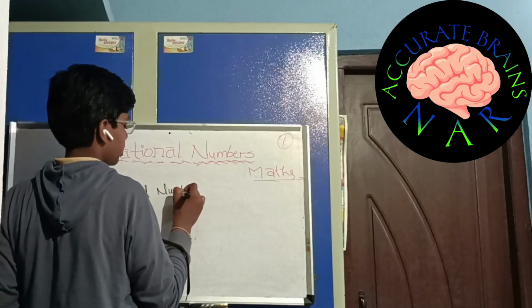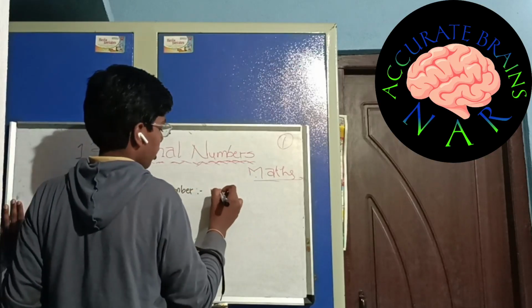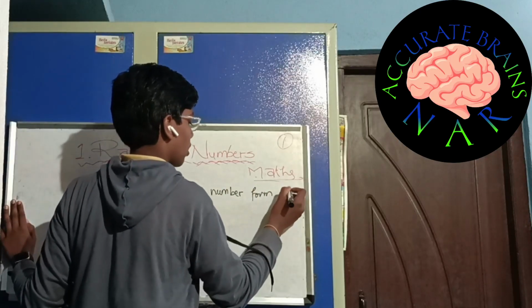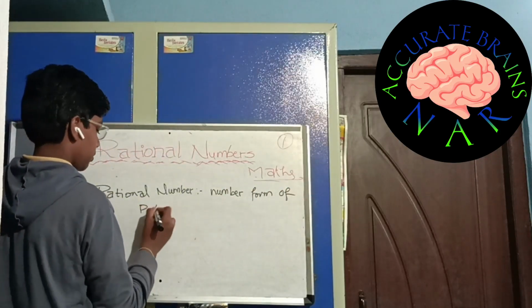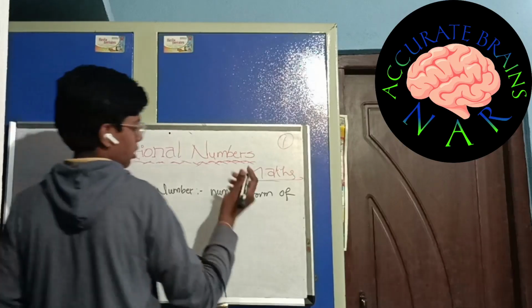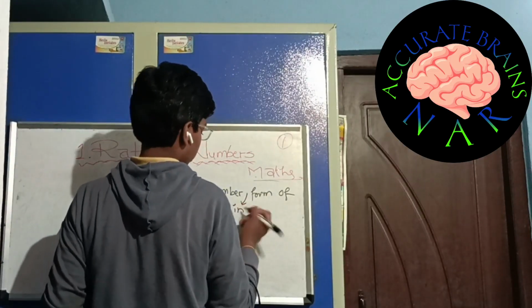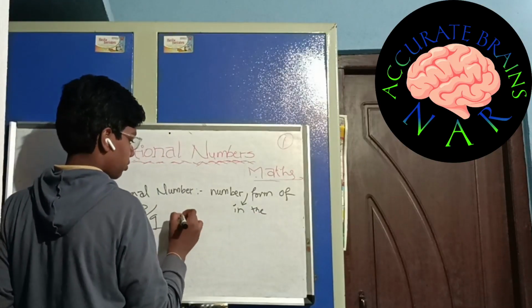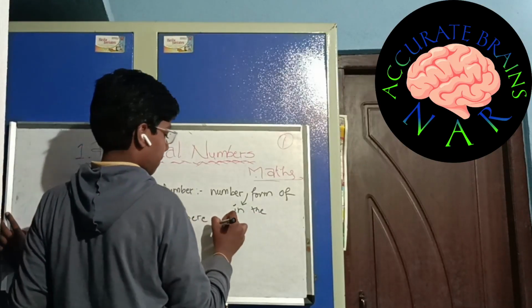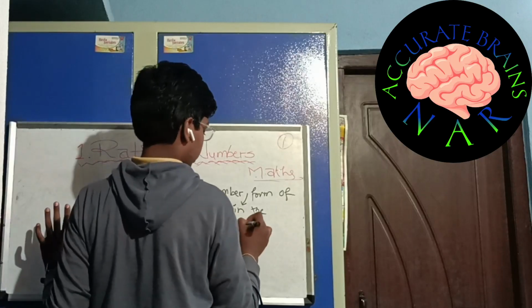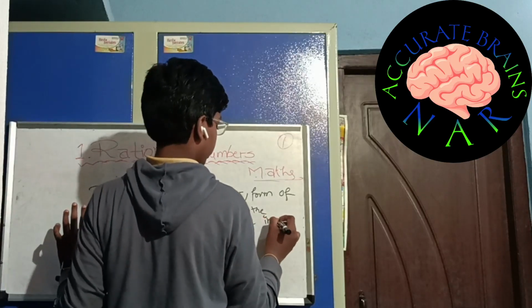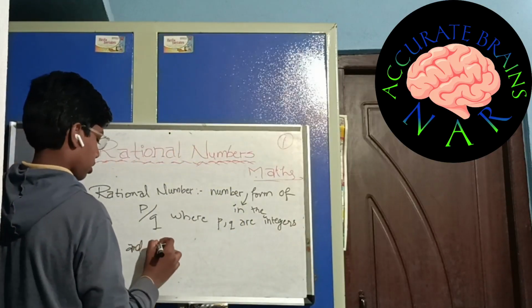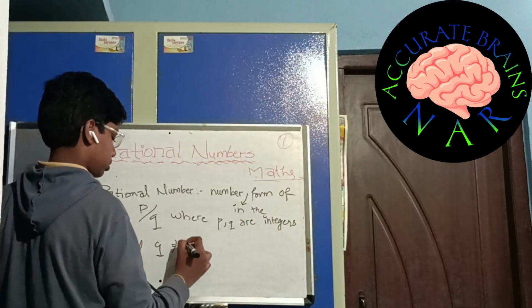A rational number is a number in the form of P by Q, where P and Q are integers and Q is not equal to 0.